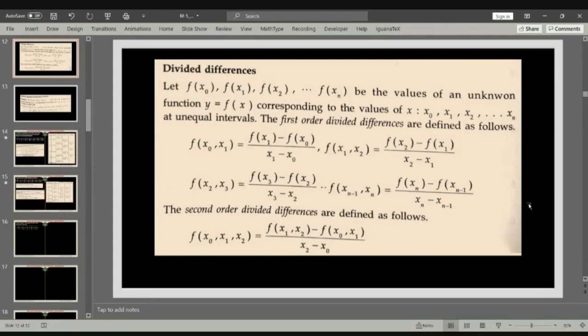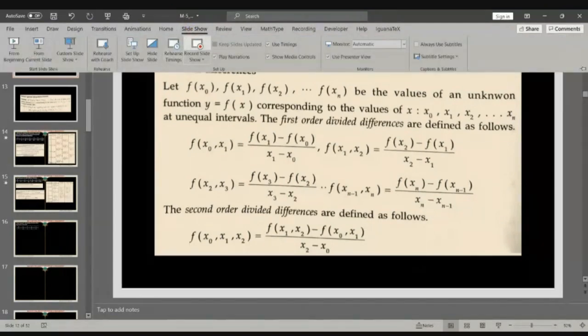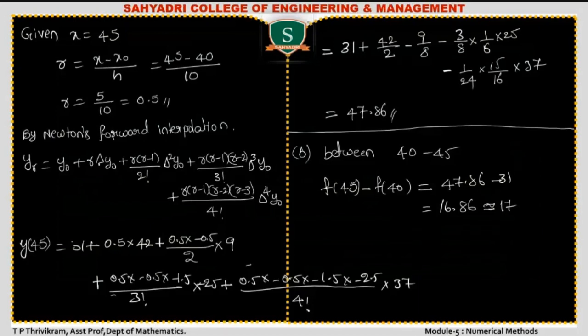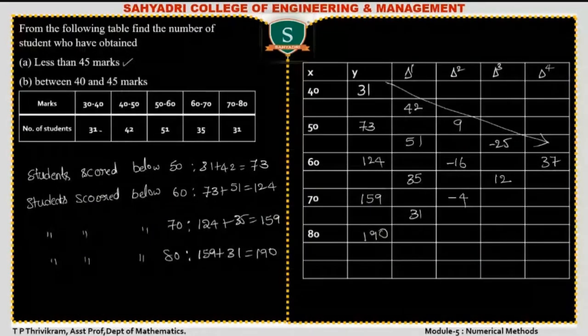That means between each consecutive x, there will be a common difference, like h, which we have found in each and every problem. If you see the previous problems, 40, 50, 60, 70, 80, this is equidistant data.